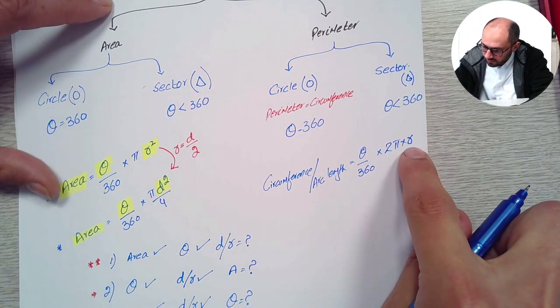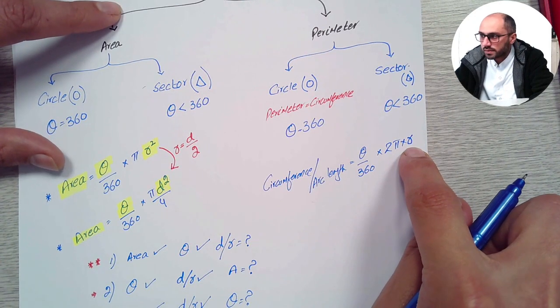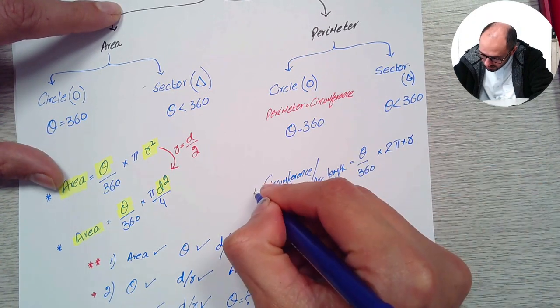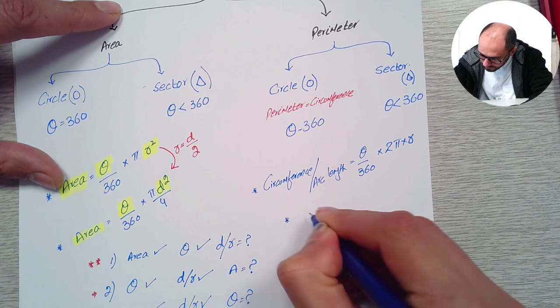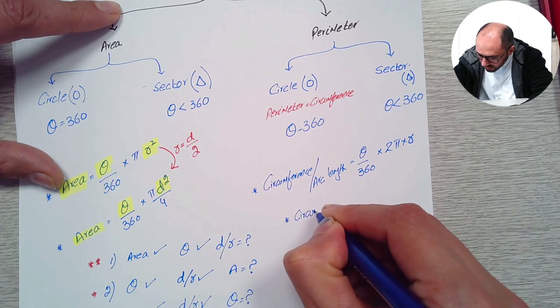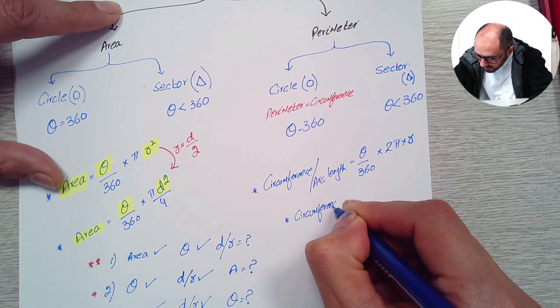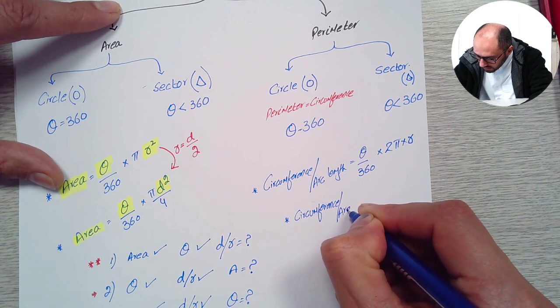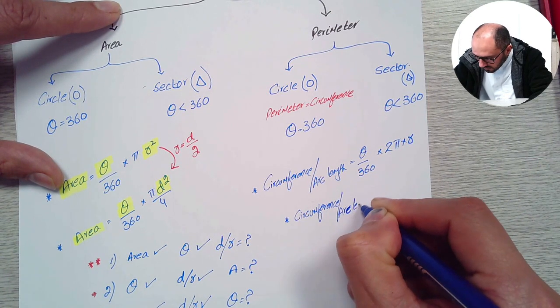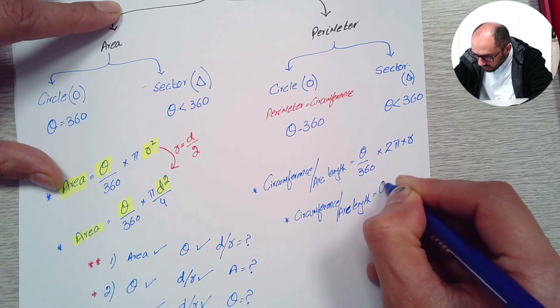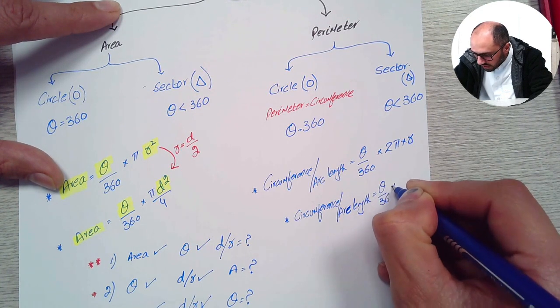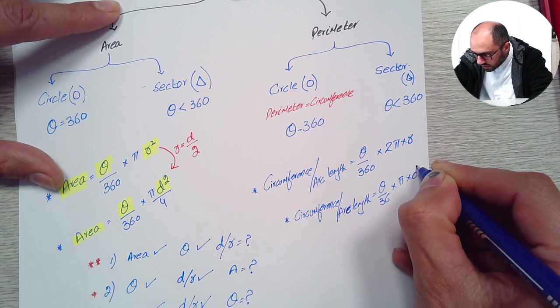This is in terms of radius. We have another formula in terms of diameter. That one is circumference slash arc length will be equal to theta over 360 times pi times d.